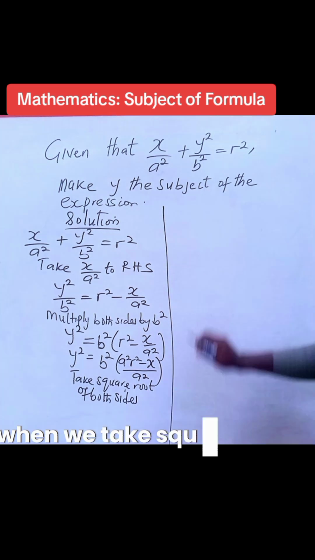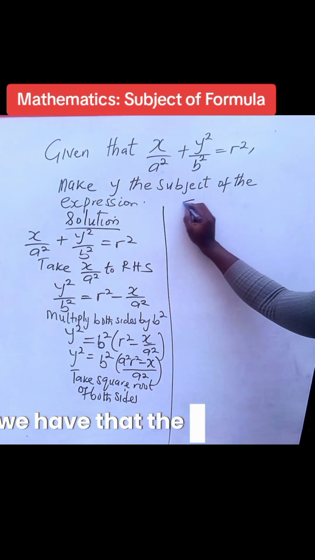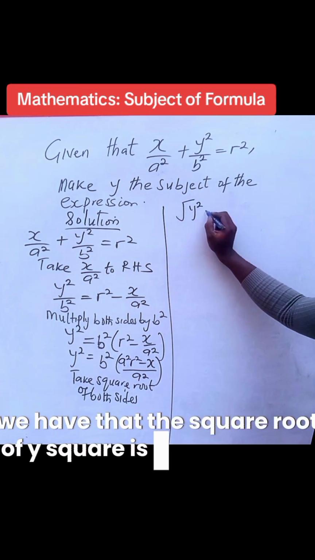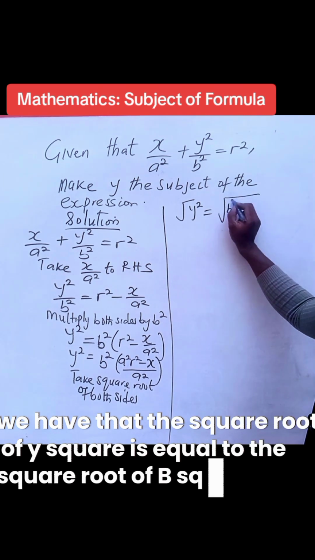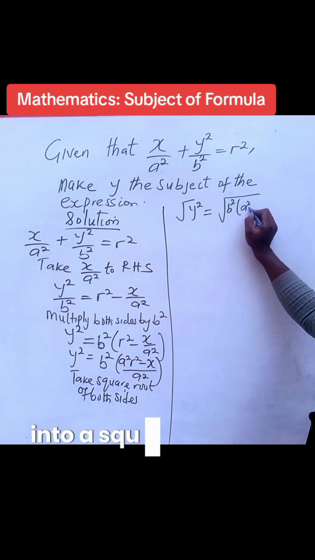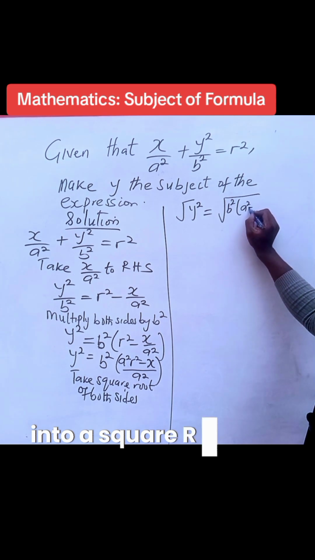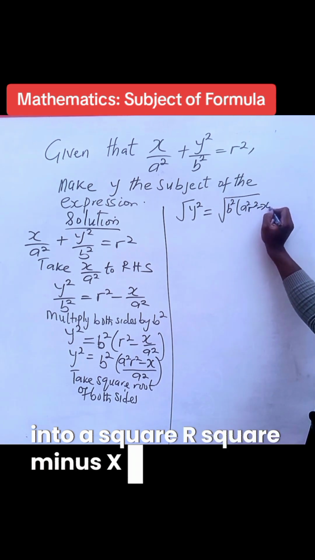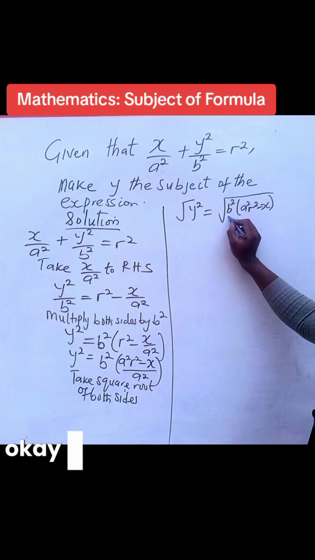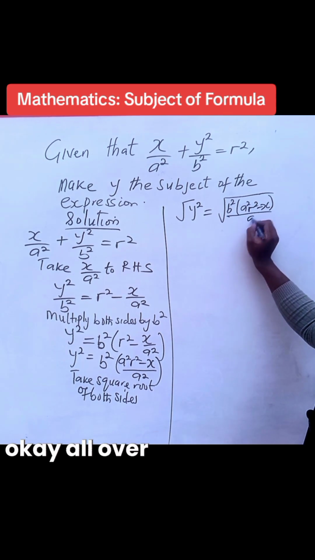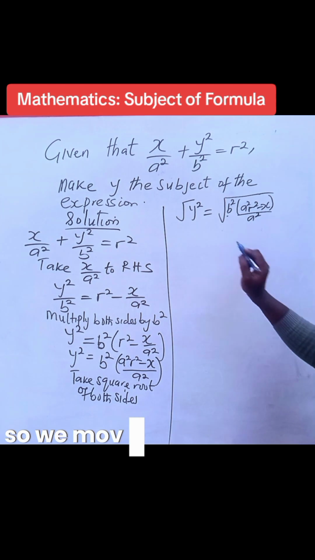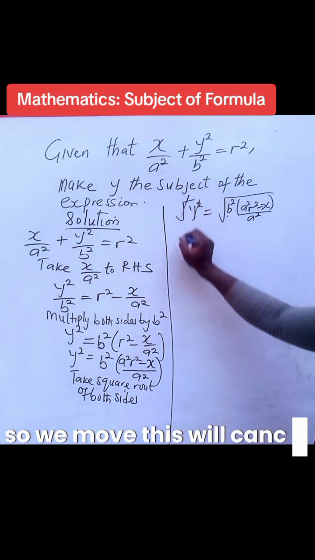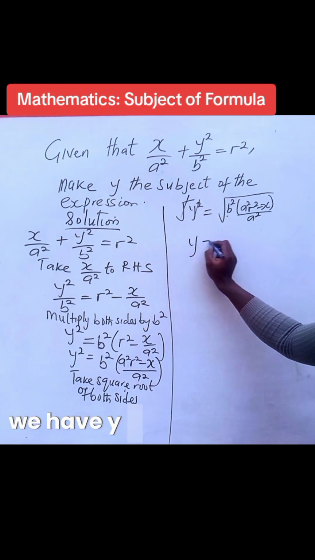When we take the square root of both sides, we have that the square root of y squared is equal to the square root of b squared into a squared r squared minus x squared, all over a squared, right? So we cancel this, we have y equal to.